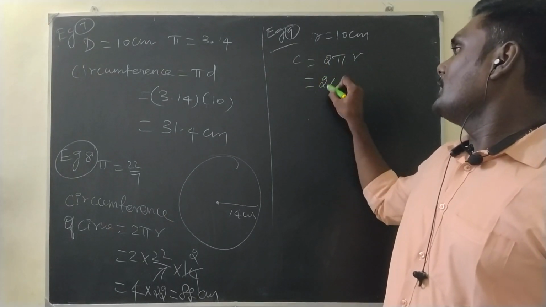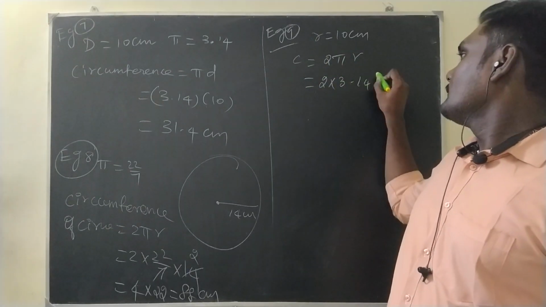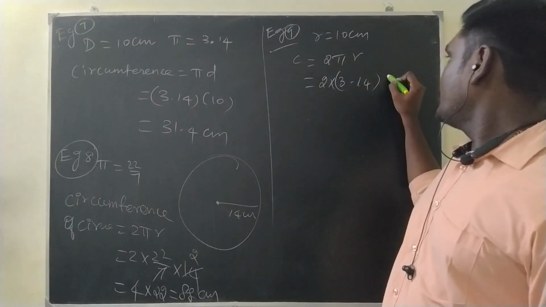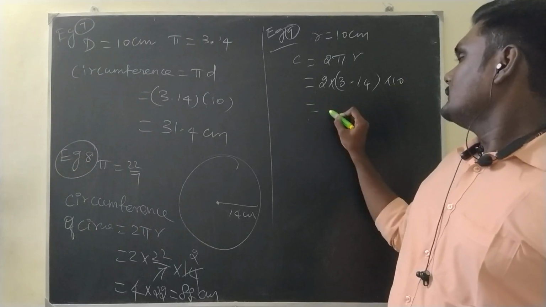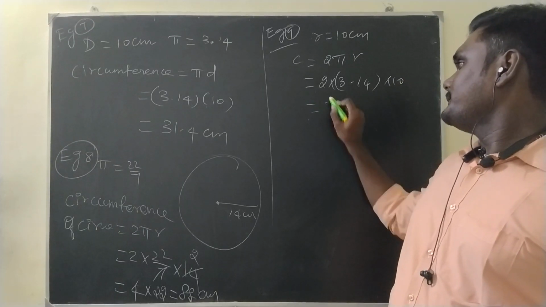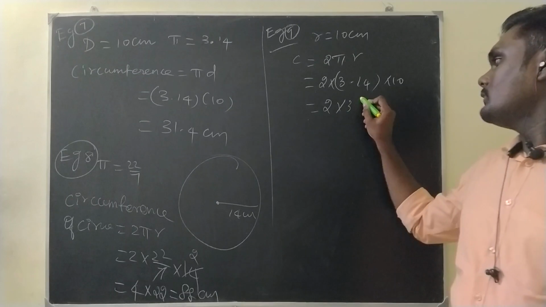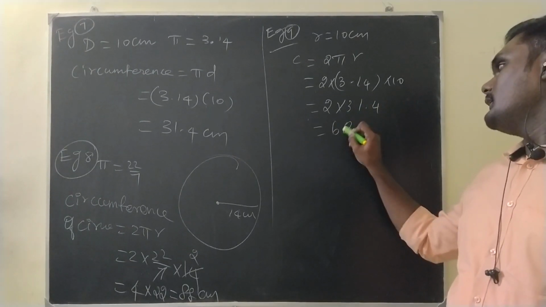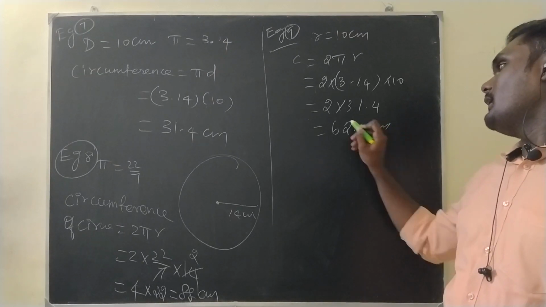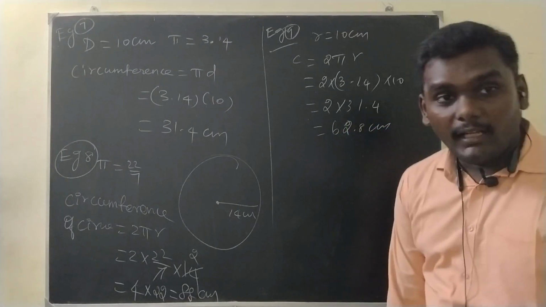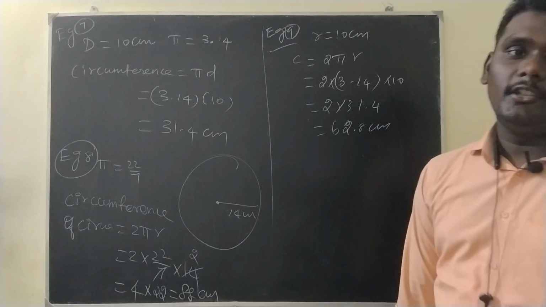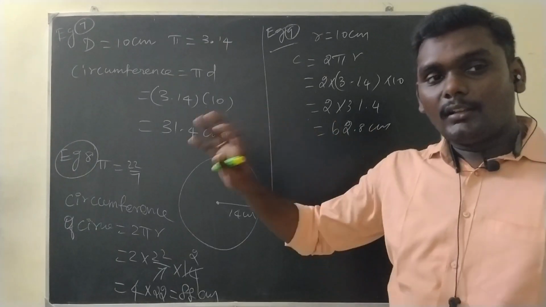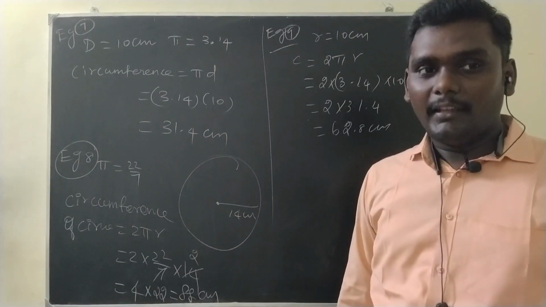The value of pi specified in the question is 3.14, and the radius is 10. So when we multiply 2 into 31.4, we have 62.8 centimeter as the answer. But while writing the answer in a descriptive examination, you should write that the circumference of the circle is 62.8 centimeter.